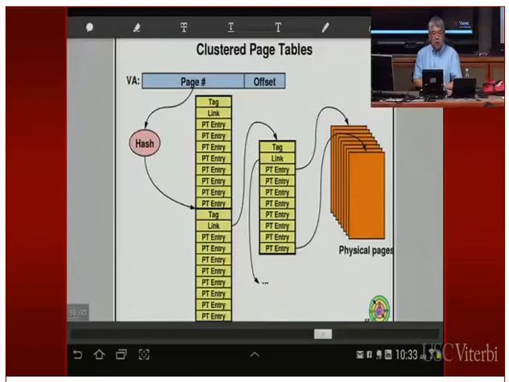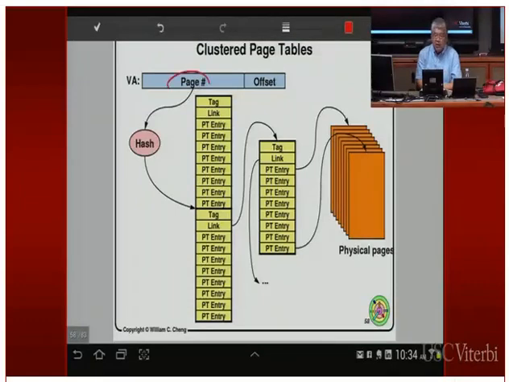In the clustered page table, you start with one page address, but you put the next few pages all inside the same data structure. So here, you take the page table and hash it. In this simple scheme, we hash it into just 2 bits, 0 and 1. 0 is here, 1 is here. But the data structure that you use here has many page table entries. This one has 1, 2, 3, 4, 5, 6, 7, 8.